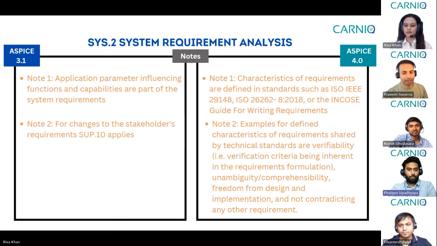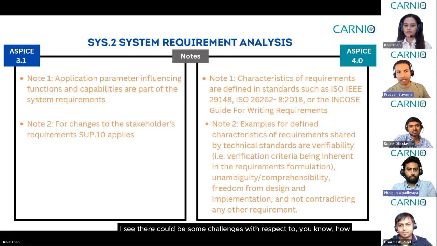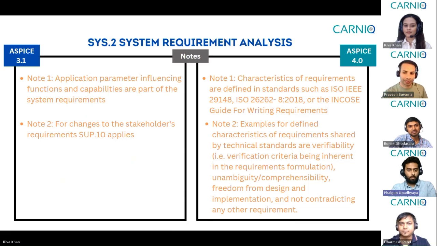So I see there could be some challenges with respect to how we rate BP1, because assessors who are used to looking at the verification criteria will continue to look at the verification criteria, even though it is an inherent part of the requirement. So I hope it wouldn't impact BP1 so much in ASPICE 4.0.